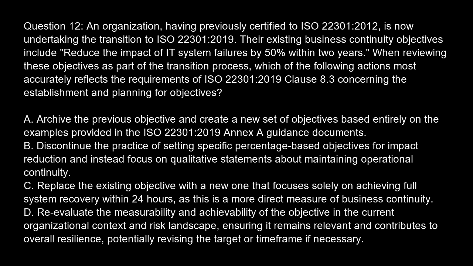Option C. Replace the existing objective with a new one that focuses solely on achieving full system recovery within 24 hours, as this is a more direct measure of business continuity. Option D. Reevaluate the measurability and achievability of the objective in the current organizational context and risk landscape, ensuring it remains relevant and contributes to overall resilience, potentially revising the target or timeframe if necessary.